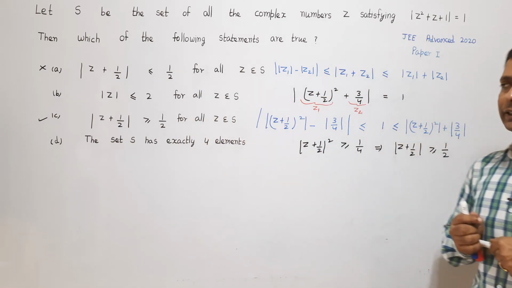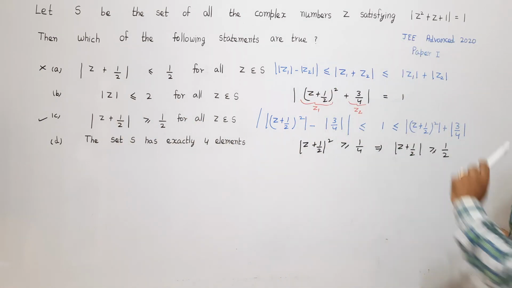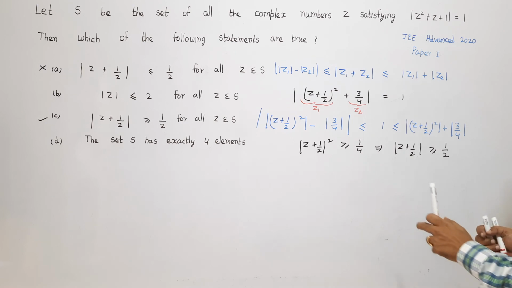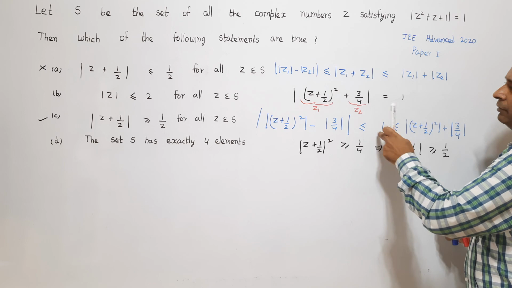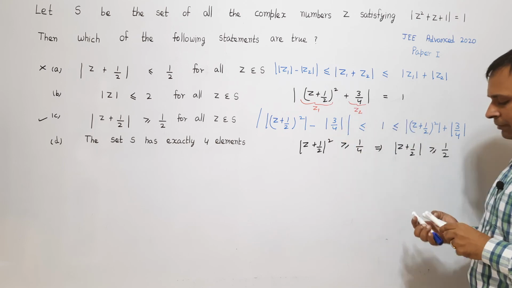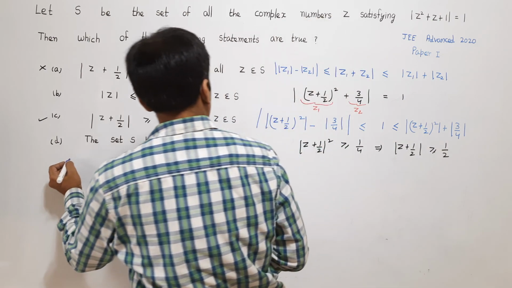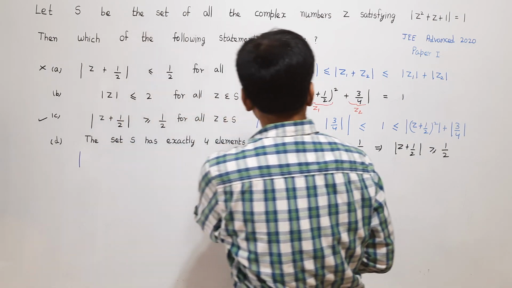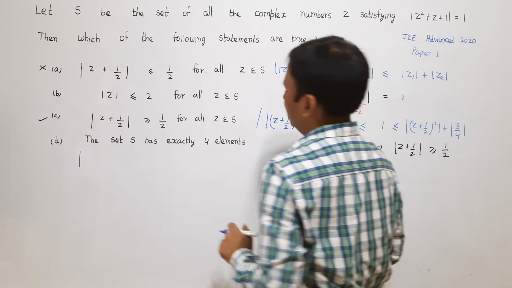Now coming on to the second option, he is talking about mod of z. That means this whole thing has to be expressed in terms of mod of z. Now I will take the left part of the triangular inequality, which is this one. I am rewriting it over here. So that is mod of z plus 1 by 2 whole square. Now this again I can take this 2 inside the mod.